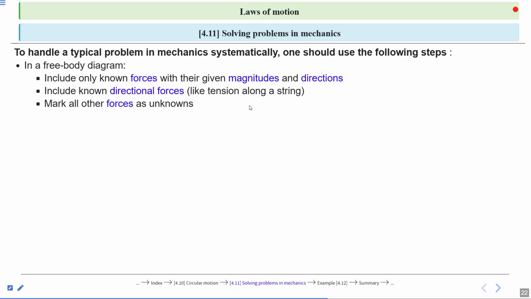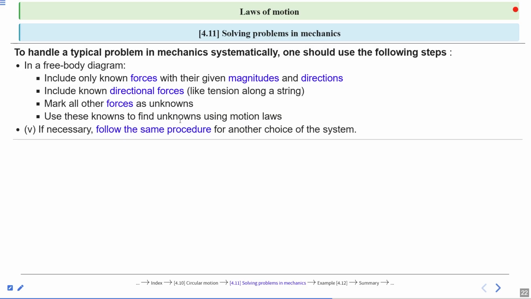And mark all the unknown forces as unknowns. Use these knowns to find the unknowns using motion laws. And next step, if necessary, follow the same procedure for another choice of system.